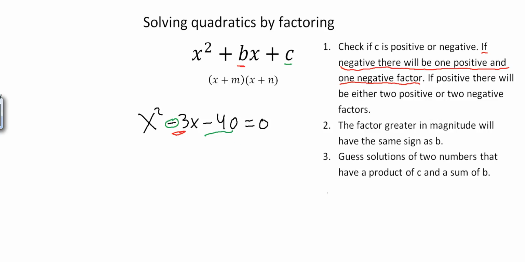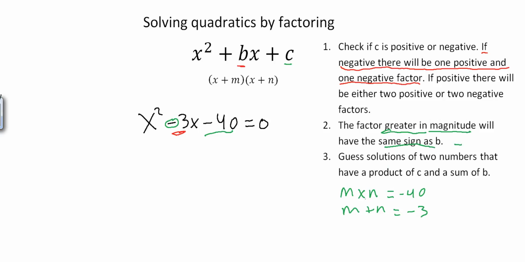So now we need to try to find two numbers, m times n, that equal negative 40, and m plus n that equals negative 3. And we know the factor greater in magnitude has the same sign as b, so it's going to be negative.